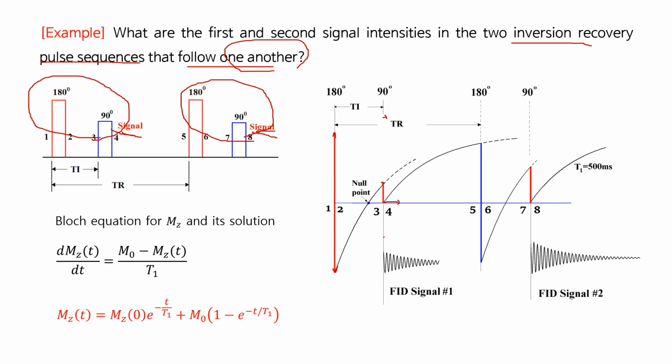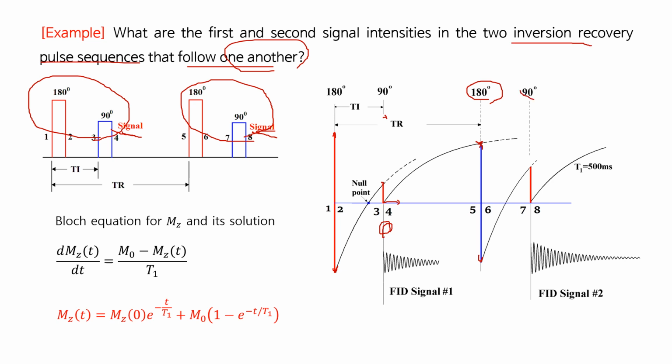This is the first signal. And then the longitudinal magnetization is recovering up to here, and due to the 180-degree pulse, the direction will be reversed, and it recovers.